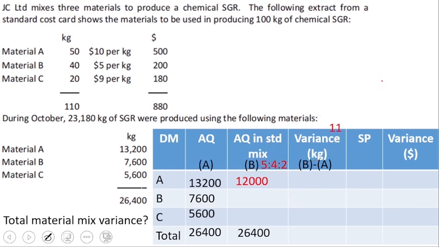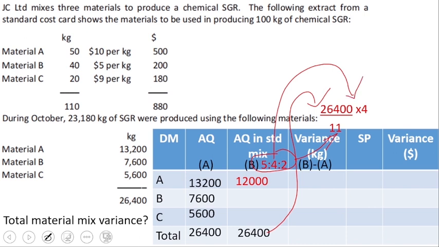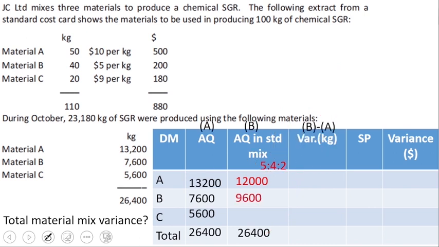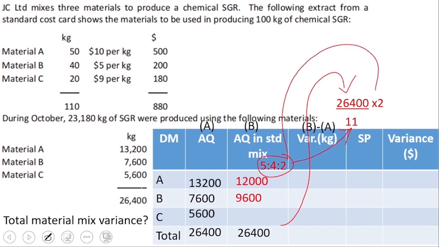Now for B, it is 26,400, which is a total, divided by 11, that's the total of the mix, multiplied by 4. That is the ratio for material B. So it is 9,600, and finally for raw material C, it is 26,400 divided by 11, that's the total of the ratios, multiplied by 2.